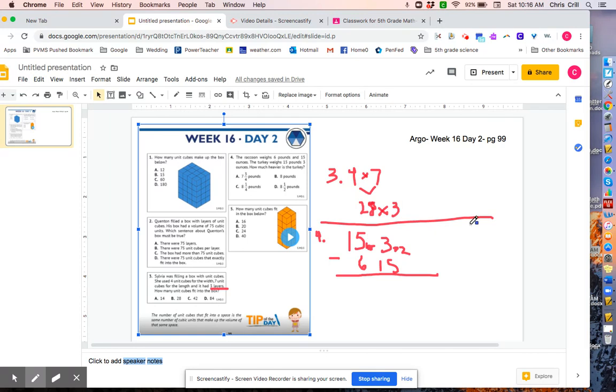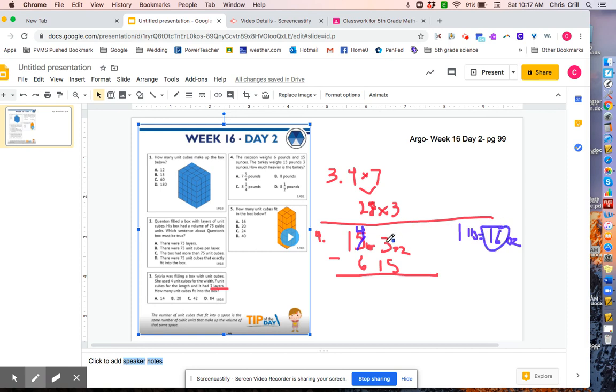So pay attention to this. We need to think back: how many ounces are in a pound? Well, 1 pound is equal to 16 ounces. So I can take a pound for my turkey and I can convert that pound to 16 ounces.